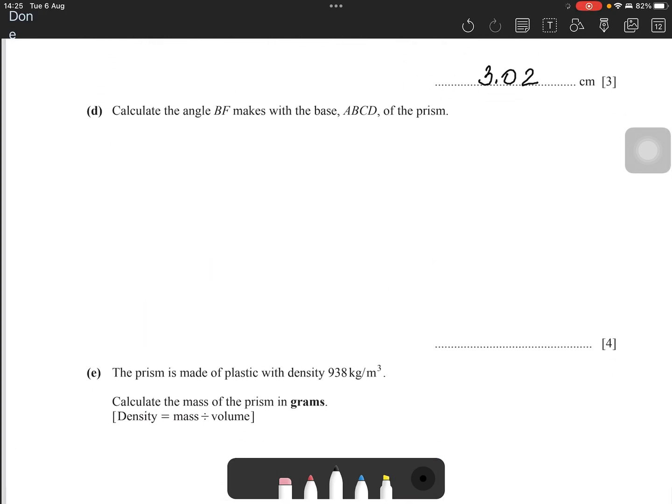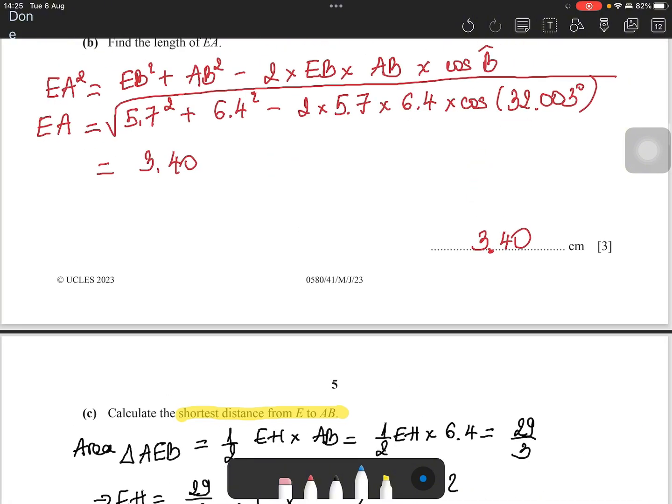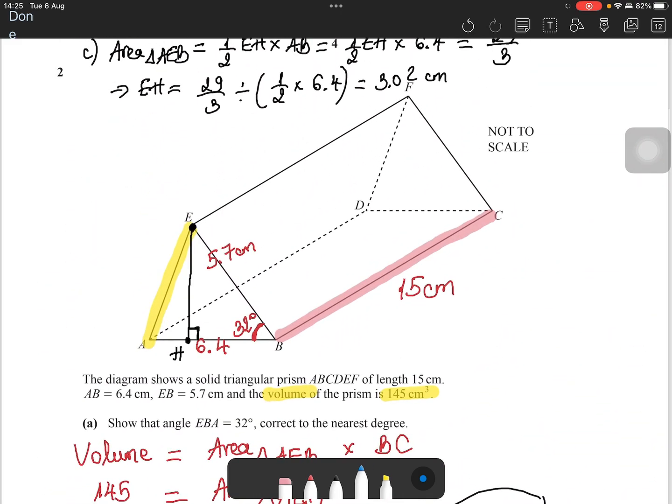Question D. Calculate the angle BF makes with the base ABCD of the prism. So BF is the blue line. This is BF. We want to find the angle that this side makes with the base. And from F, I also draw a line that is perpendicular to CD.